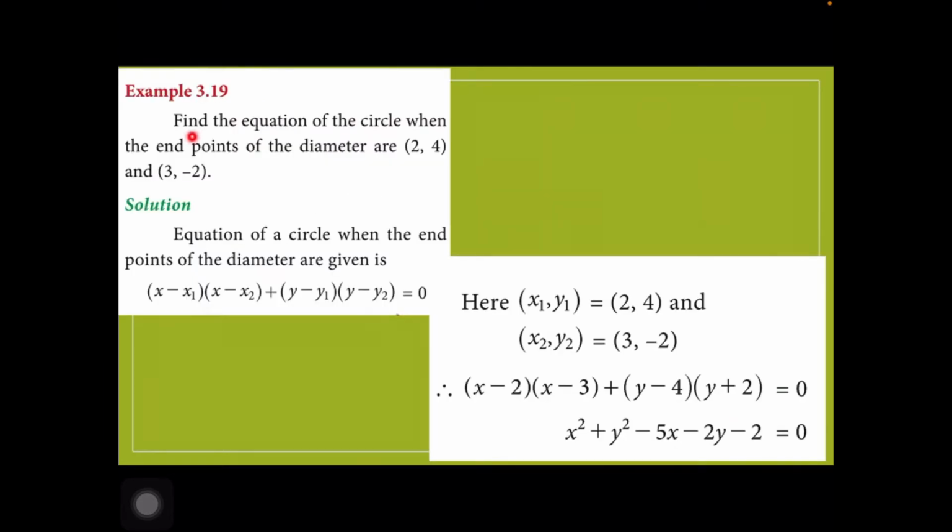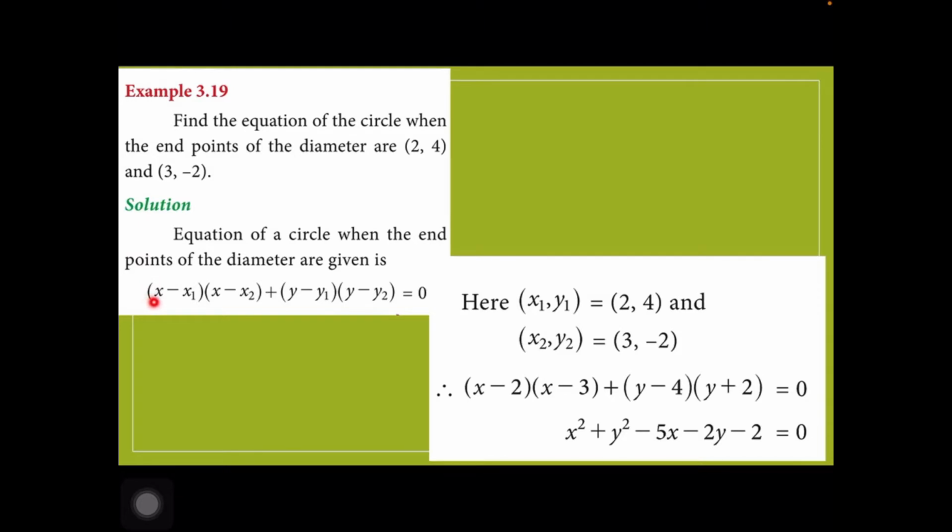The 19th one, find the equation of the circle when the end points of a diameter are given. If the end points are given, we have a separate formula for the equation of the circle, isn't it? The end points of the diameter, we can take as x1 and y1 and x2 and y2.